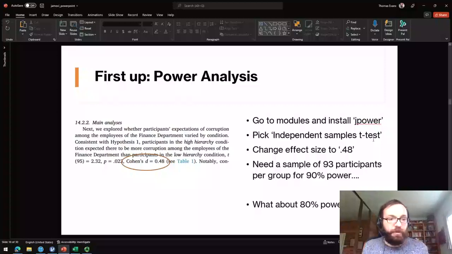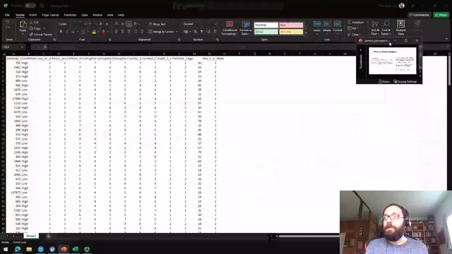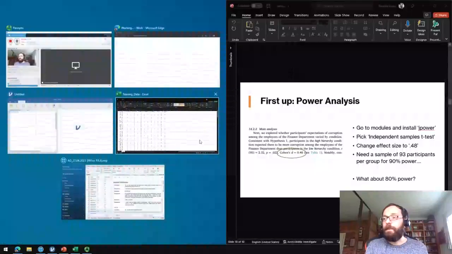So we should try and calculate how many participants we need to be able to find that sort of size effect. And the way we do that is through a module on Jamovi called JPower. One of my friends and collaborators, James Bartlett, has written a lovely guide of how to do power analysis through Jamovi. So that will be in the resources at the end of this presentation.